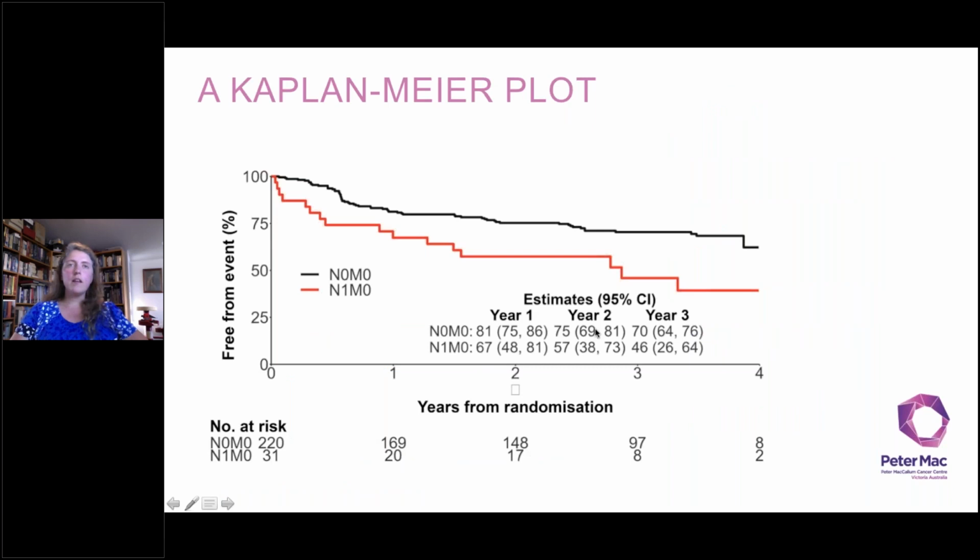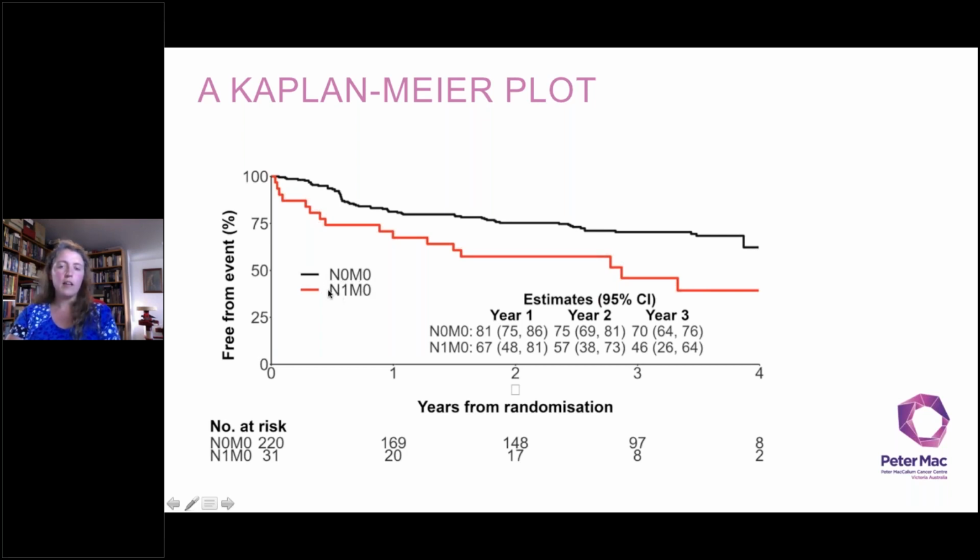So here's another example of a Kaplan-Meier plot. We have two groups here, and we're looking at following them up in a trial where they've been randomized. But this figure is showing some patients who didn't have metastatic disease at baseline, but some did have nodal disease.